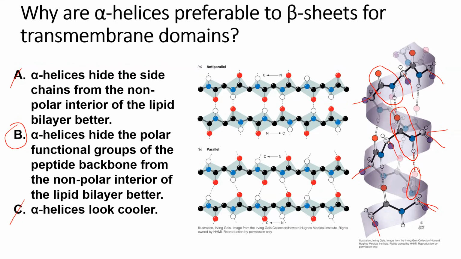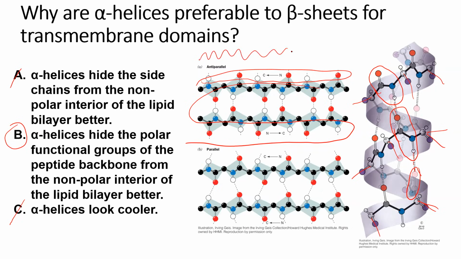By contrast, if you take a look at the beta sheets, they have to end at some point. So if we just say this is the edge of our beta sheet here, and this is a larger structure where you have three chains involved in the beta sheet, and this edge is pointing out to the hydrophobic region, what is pointing out to the hydrophobic region?